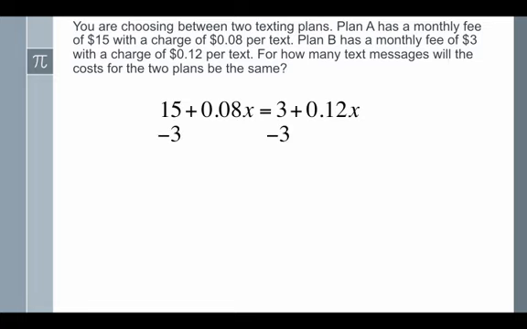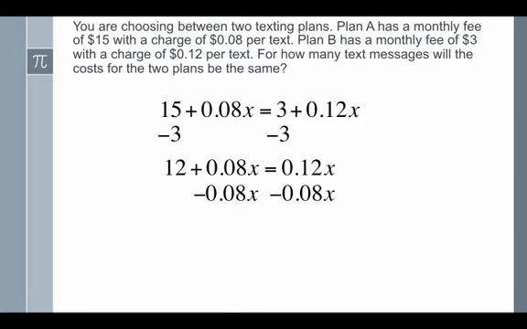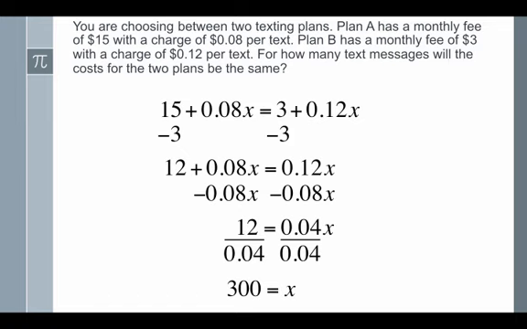We start by subtracting 3 from both sides, giving me 12 plus, just copy my 0.08x equals 0.12x. Now I want to move the 8 cents x, so I subtract that from each side, and I get 12 equals 0.04x. Last, I want to isolate the x, get it by itself, so divide each side by 0.04, giving me x equals 300.